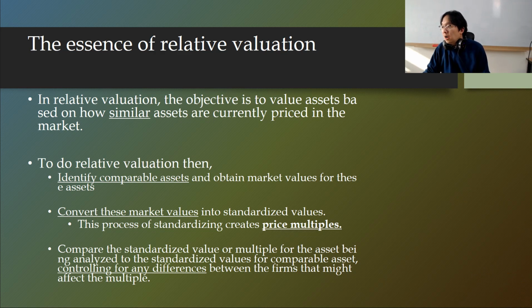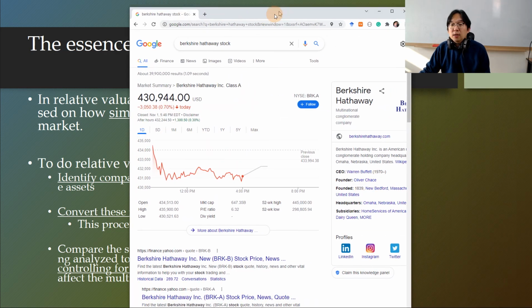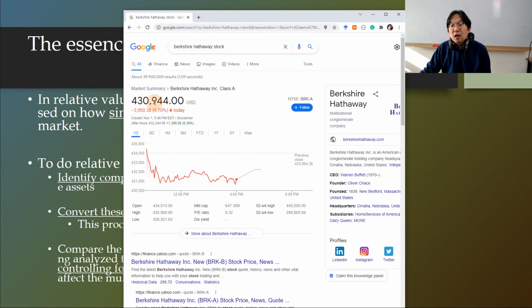Berkshire Hathaway stock price, Class A. Yes, Berkshire Hathaway's stock price is 431,000 US dollars. Ridiculously high, right? 5억 won. Oh my God.